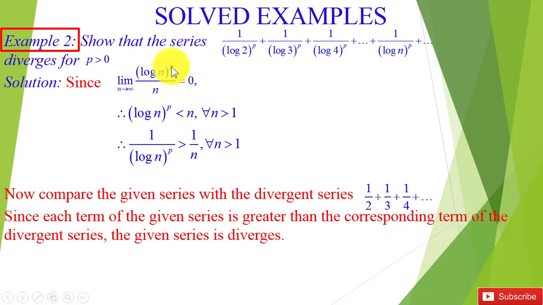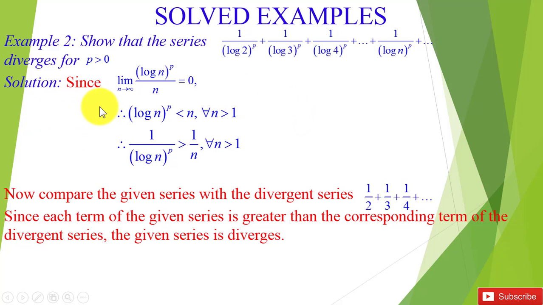Show that the series 1 by log 2 raised to the power p plus 1 by log 3 raised to the power p plus 1 by log 4 raised to the power p up to 1 by log n raised to the power p plus up to infinity diverges for p greater than 0. Solution.